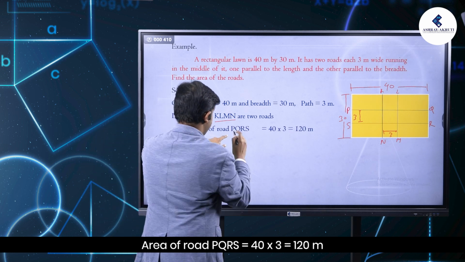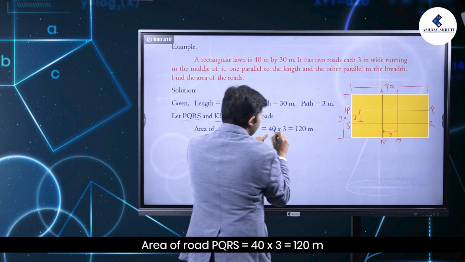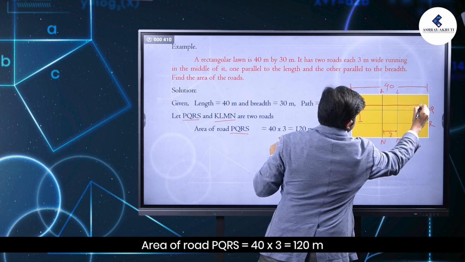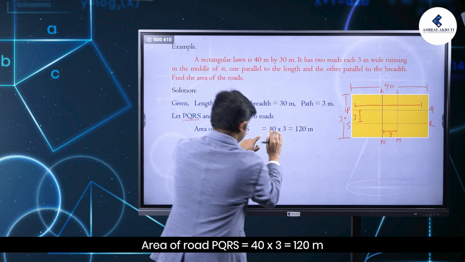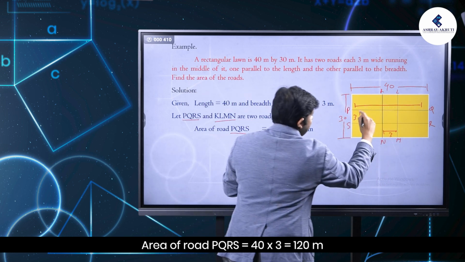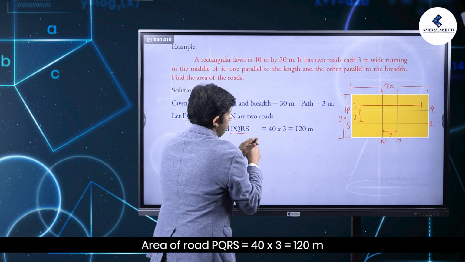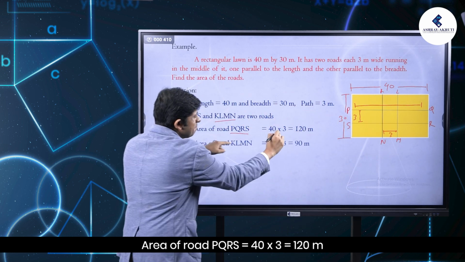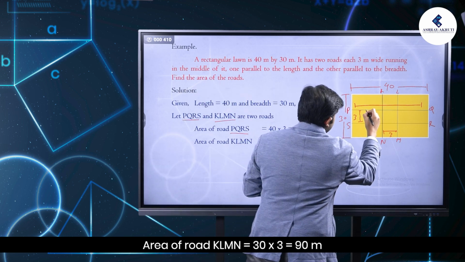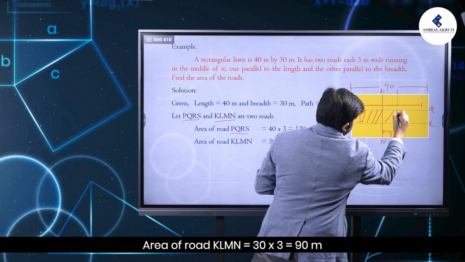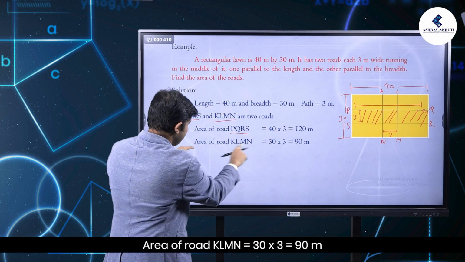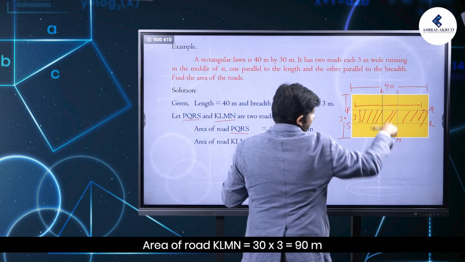Area of road PQRS equals to 40 into 3, which is equal to 120 meter square. Area of road KLMN equals to 30 into 3, which is 90 meter square.